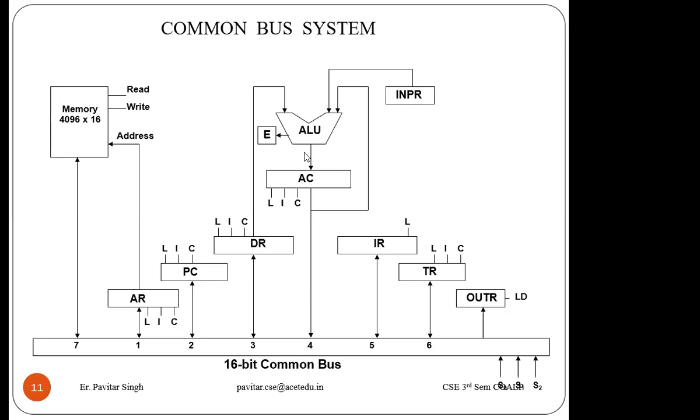If you want to perform the add operation, add the contents of AC to DR. Let me perform this operation. So here the contents of accumulator is 1001010, 8 bits, and the contents of DR is 00110100.